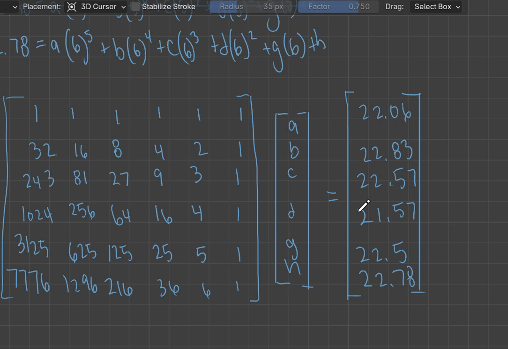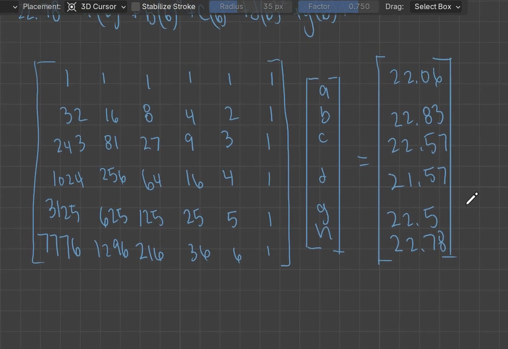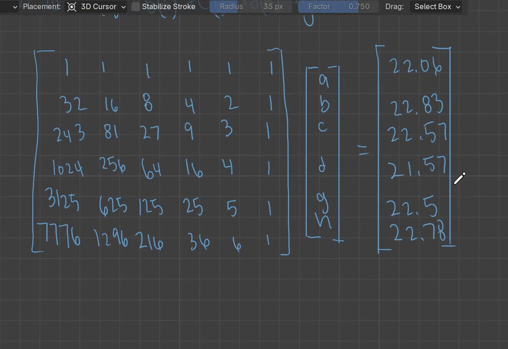Okay, so these three lists encapsulate the 6 different equations and 6 unknowns.